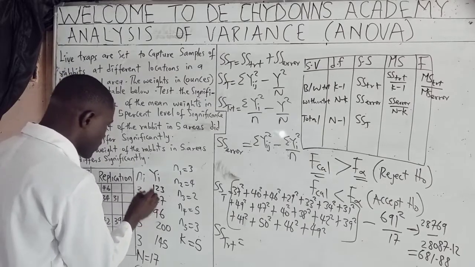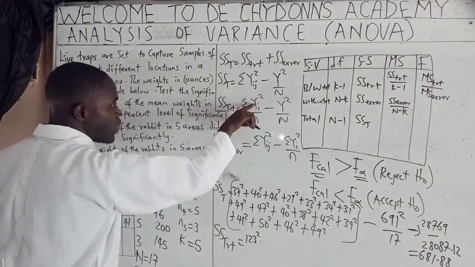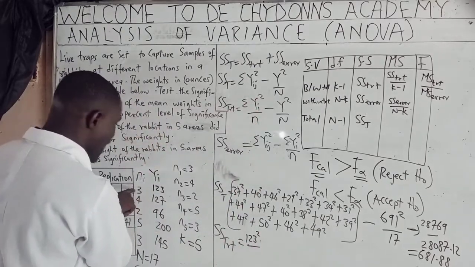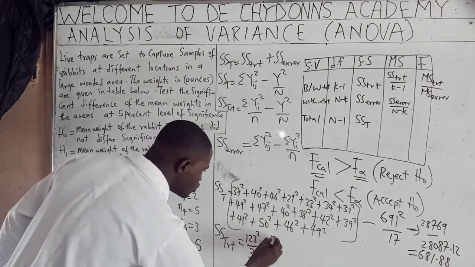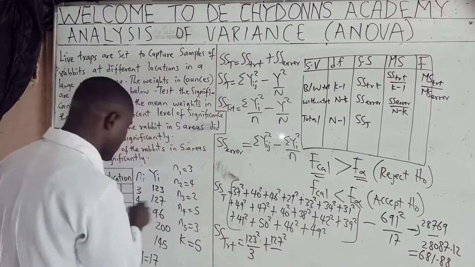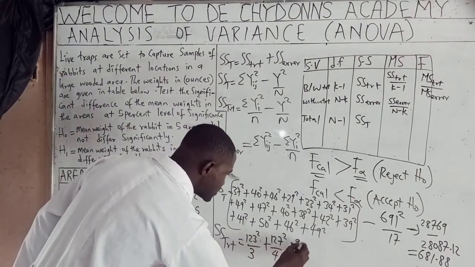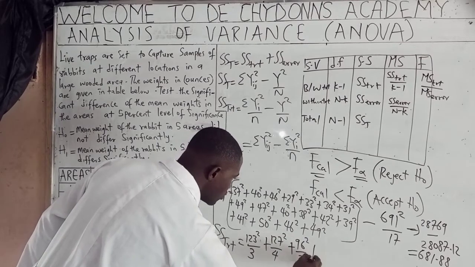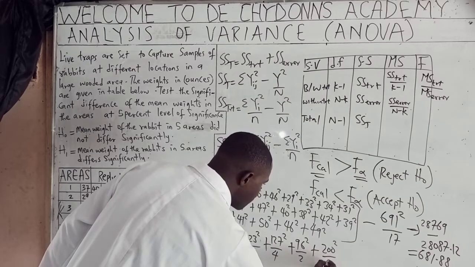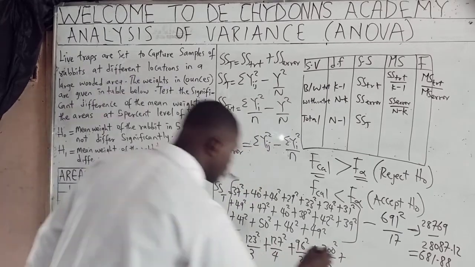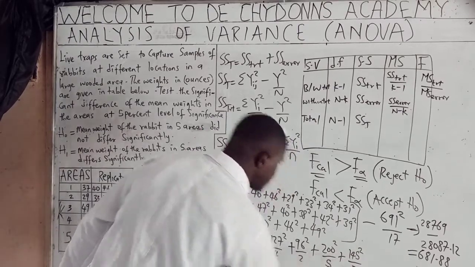I will say 123 squared all over the n of it, which is 3, plus the second one, 127 squared all over 4, then the next one, 96 squared all over 2, plus 200 squared all over 5, plus 145 squared all over 3.